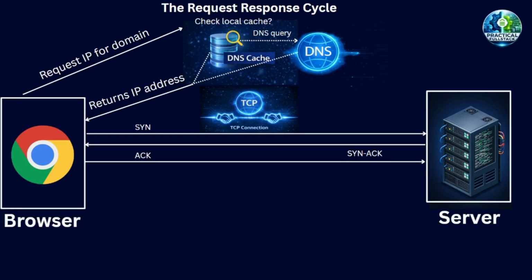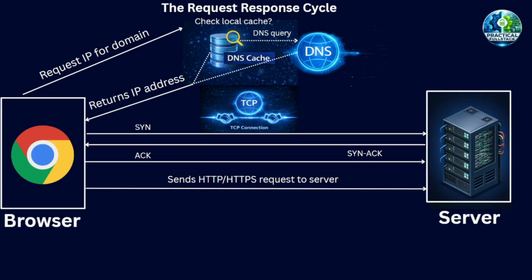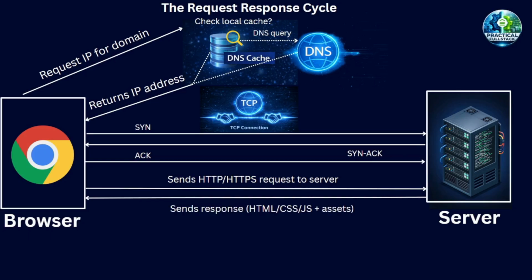The next step involves the HTTP or HTTPS request. The browser sends this HTTP or HTTPS request to the server, asking for the web page or resource. Now the server responds. First it processes the request, and then it sends back a response which includes HTML, CSS, JavaScript, and metadata that includes assets like images, icons, documents, and other resources.